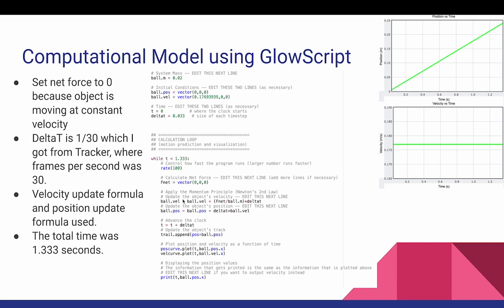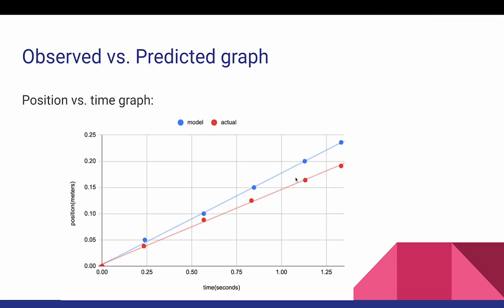And then the total time was 1.3 seconds, and I used the velocity update formula and the position update formula. So here we can see that the actual one did not go as far as the model because of friction and air resistance.